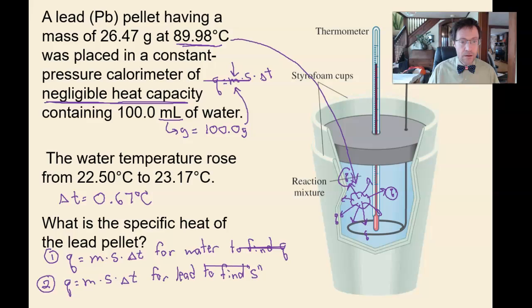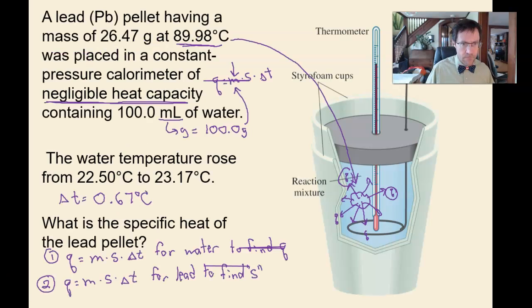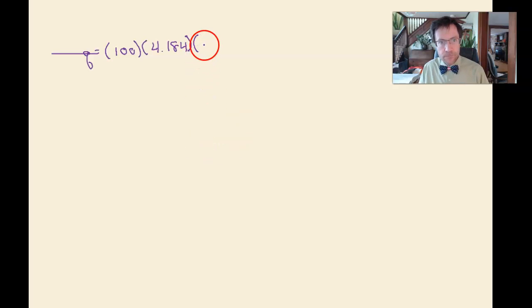Let's see if we can put this together. So Q equals 100 times 4.184 times the delta T, which is 0.67. This is water.